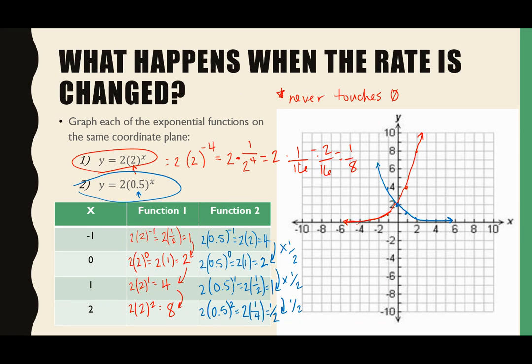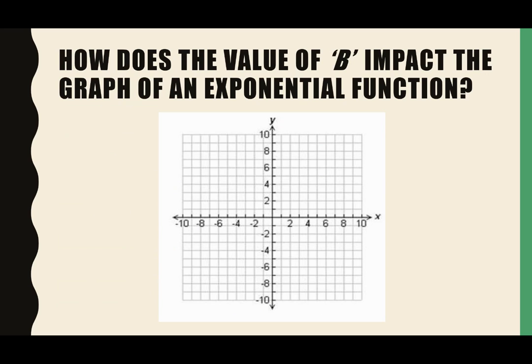Okay? And what else do you notice? How did the changing of my rate from a whole number to a fraction change the graph? So we went from a graph that looked like this, and that it's not very steep, but you get the general idea, to a graph that looks like this.